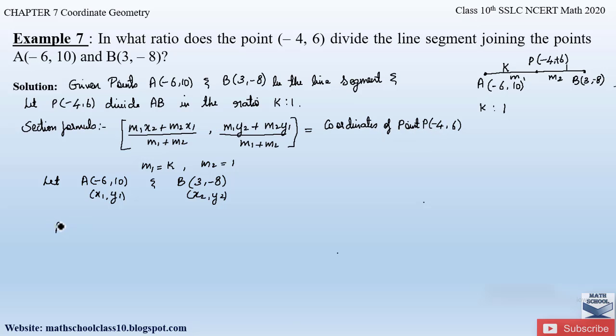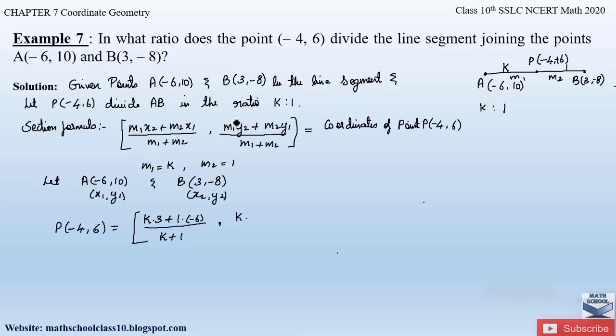So now we have to use the section formula which is equal to the coordinates of point P. So point P coordinates -4, 6 is equal to, let us use the section formula here, M1 value is K into x2 is 3 plus M2 value is 1 into x1 is -6 divided by M1 plus M2. M1 is K plus M2 is 1. And the y coordinate will be, what is M1 value?